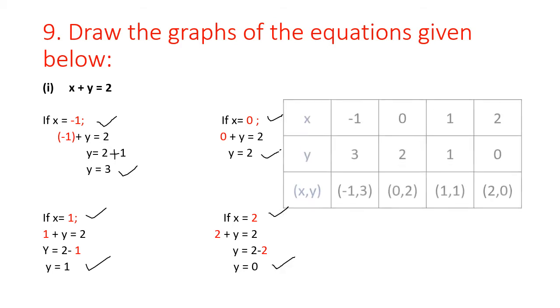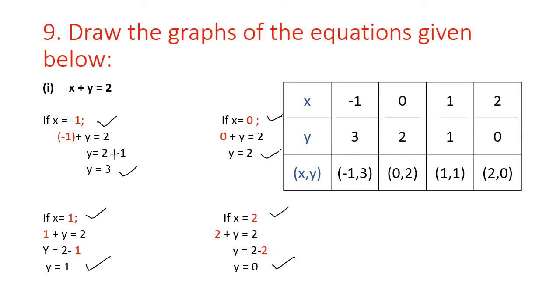Looking at this, we make such a table. See, this indicates the x coordinate, this indicates the y coordinate, and this is the entire point. So from where are we going to get this? First we write down x and y and xy, and then in front of that, these are the values of x. Like for example, this is -1, which I've taken from here.